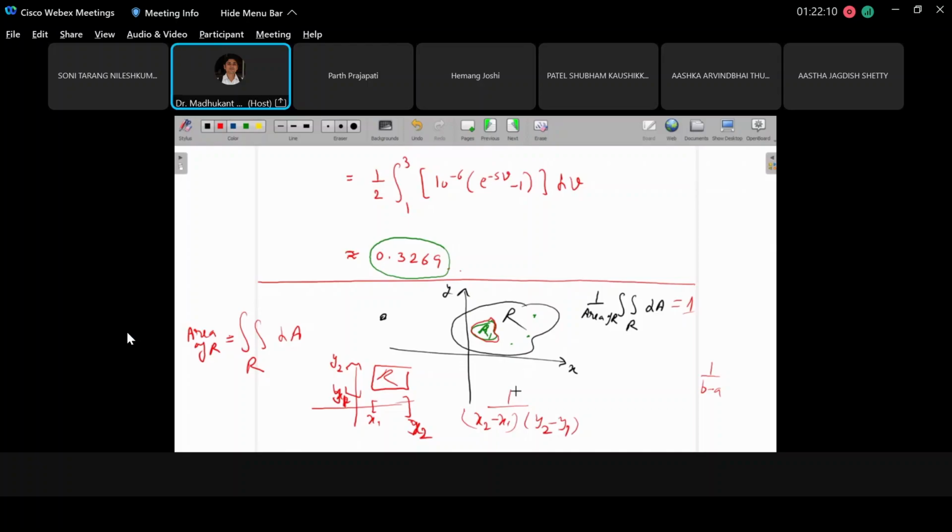So it is perfect to identify the 2-dimensional one as 1 upon area of R.